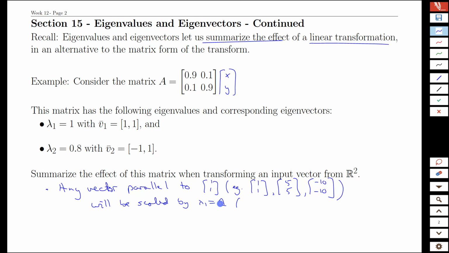Or, because scaling by 1 doesn't mean a whole lot, it will be unchanged. Now, it's unchanged specifically because of this 1 value.